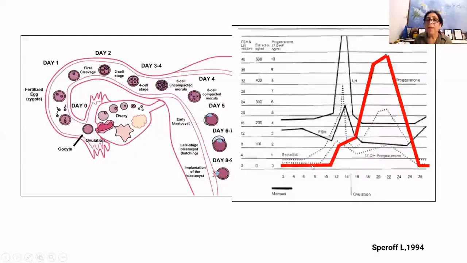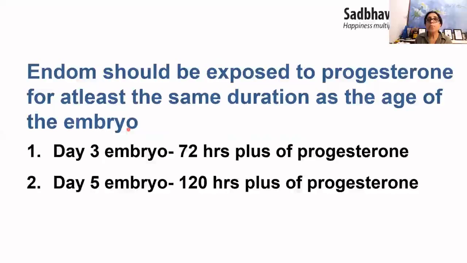So this is the progesterone we need if we're going to have a natural cycle. We have to identify the time of ovulation so as to identify the time when progesterone is secreted, because our main aim when doing a frozen embryo transfer is that the endometrium should be exposed to progesterone for at least the same duration as the age of the embryo.